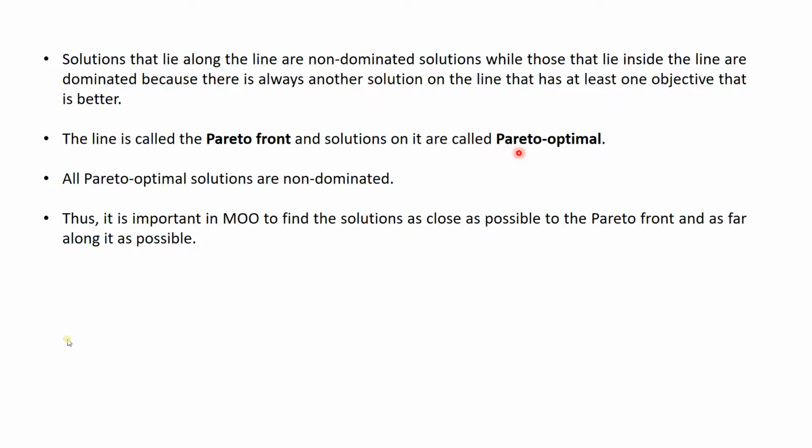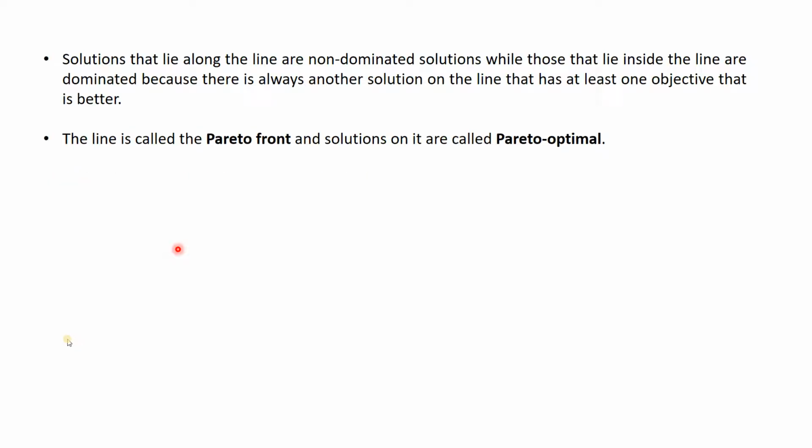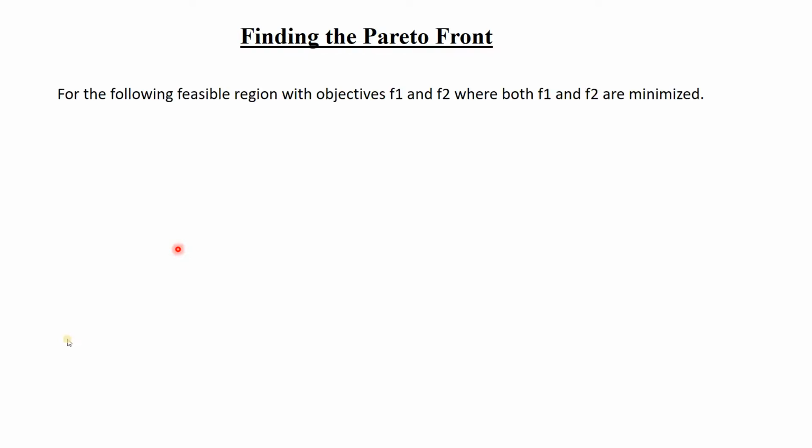So all Pareto optimal solutions are non-dominated, and thus it is important in multi-objective optimization to find solutions as close as possible to the Pareto front and as far along it as possible. That means this line should be extended in such a way that you can get more solutions.